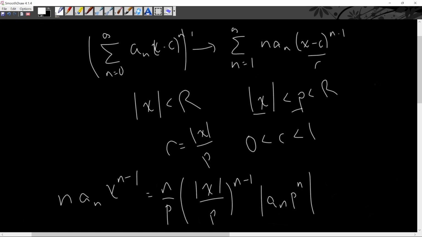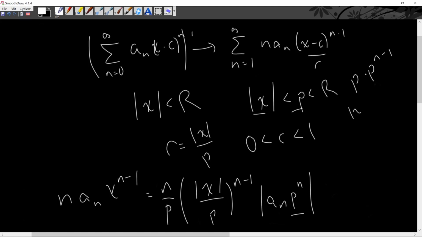Oh, okay, I get it now. So this p to the n is equal to p times p to the n minus 1, right? This is true because if you add these exponents, you go back to p to the n. So this is p times p to the n minus 1.